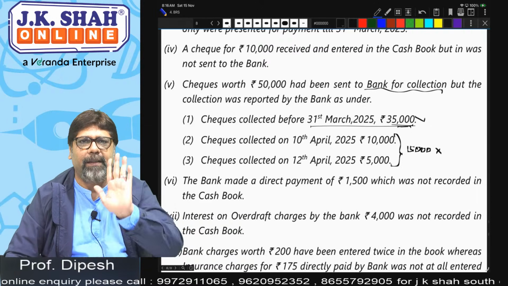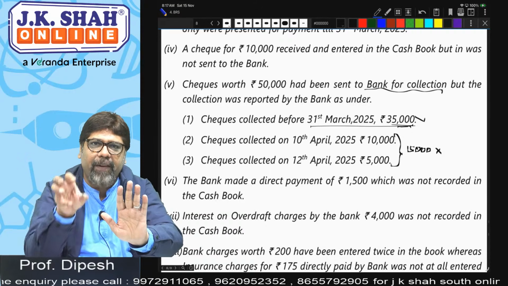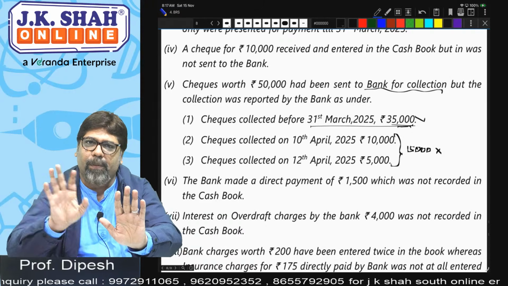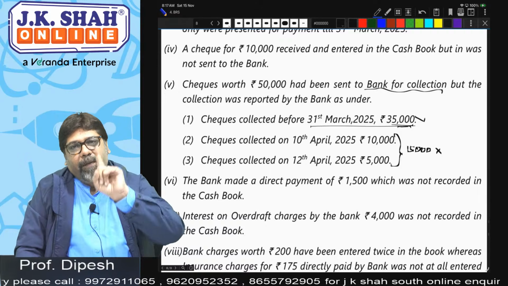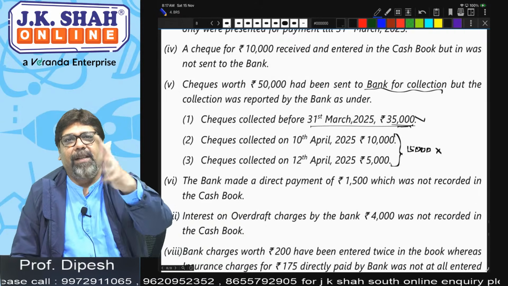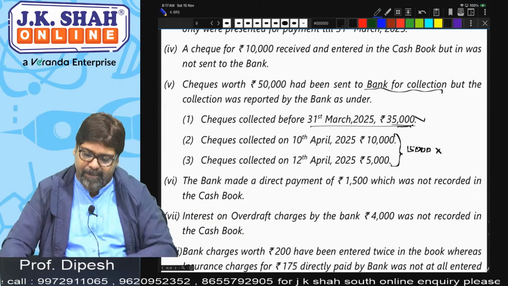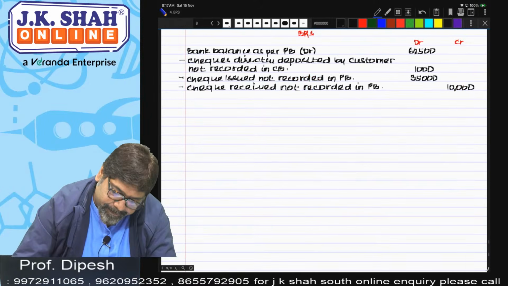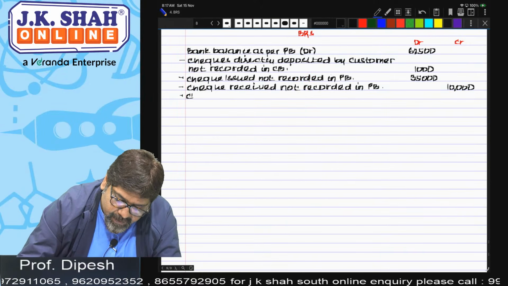Correct? No, we deposited how much? 50,000. 35,000 was recorded before the year end. No problem. Forget it. 50,000 is deposited but not recorded where?